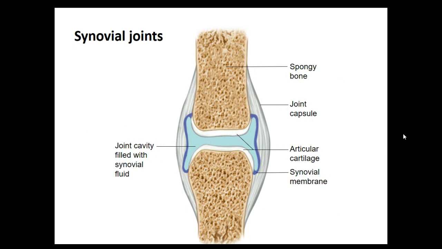The inner lining of that capsule is the synovial membrane, and it secretes a liquid called synovial fluid, a lubricating liquid that, along with the articular cartilage, makes the joint smooth.